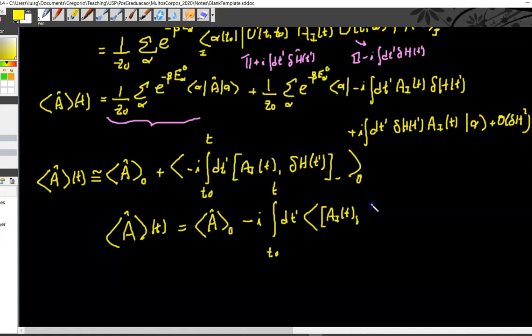Oops, sorry. This is delta H calculated in equilibrium.